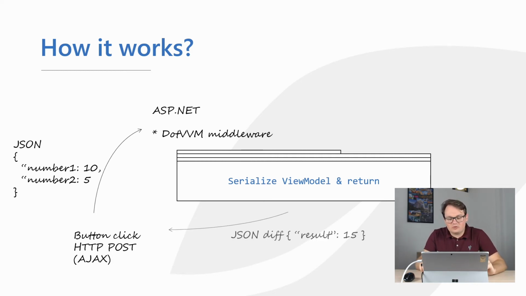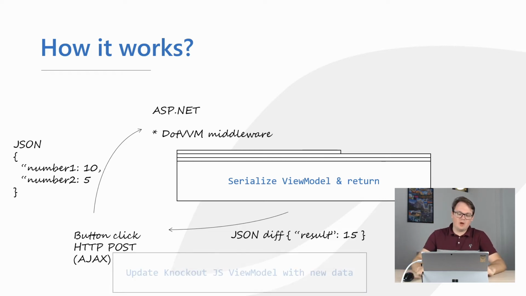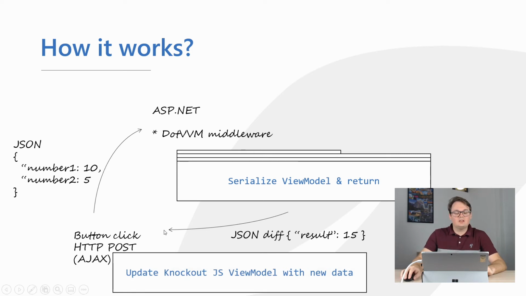And because we know what we got from the client, we are only sending the diff view model. So we just send the properties that have actually changed in order to save network traffic. We want to transfer as little data as possible. And when this response gets to the client, Knockout.js will just update the particular elements in the page.